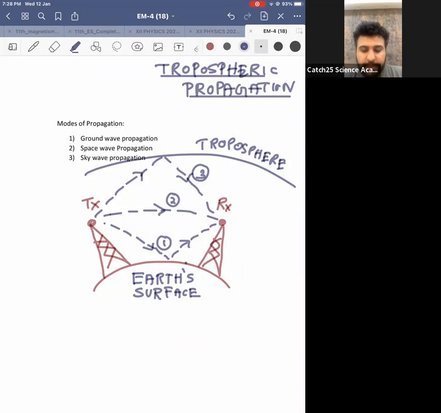Okay, now listen carefully to the notes that I give you. Write down: when radio waves travel from transmitting antenna to receiving antenna, the starting is the same as in the previous section.